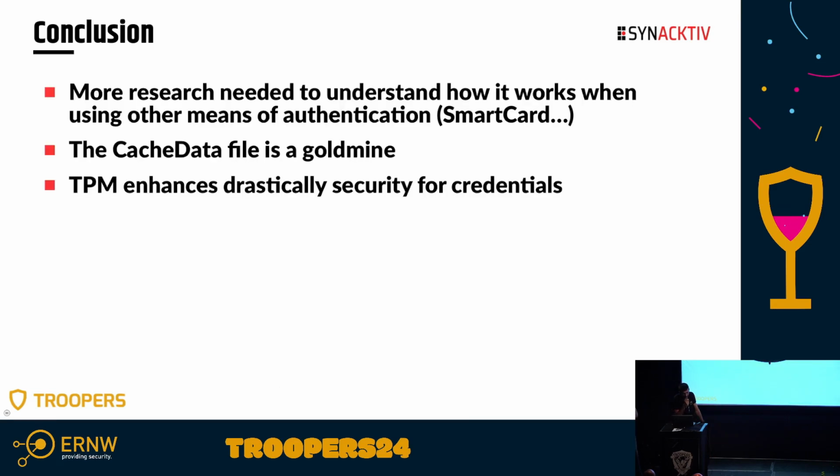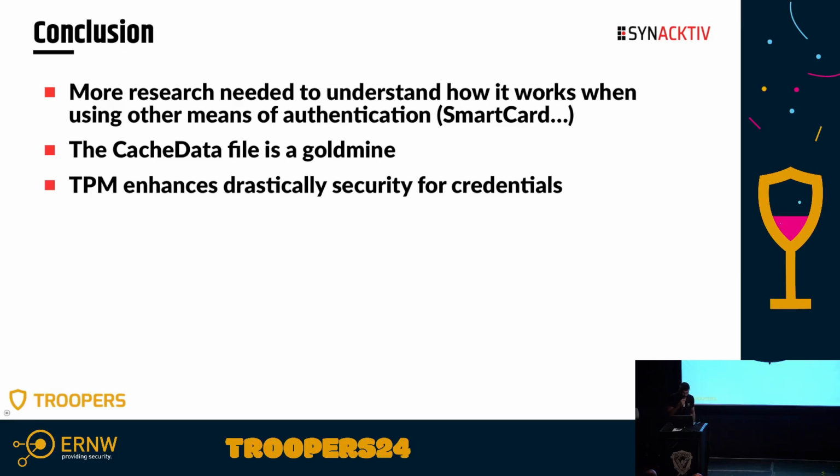So in conclusion, we still have more research to do to understand how it works when you are using other means of authentication. For instance, smart card: if there is another node in the cache data file, do we need to do some crypto crazy like that again? We know that the cache data is really a gold mine. There is a lot of information in there.